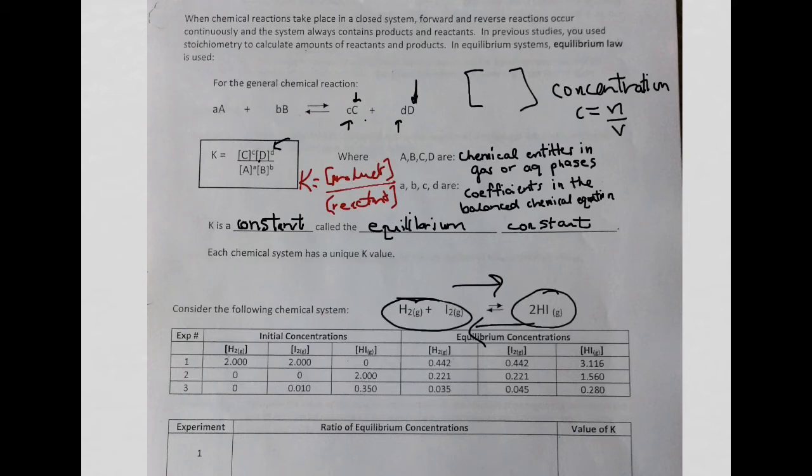If you have a greater amount of reactant compared to product, your K value is going to be less than 1. Whether the K value is greater than 1 means something. It means it's product favored when equilibrium is established. At the natural equilibrium between the reactants and products, there's more product than reactant. If K is less than 1, then at equilibrium you have more reactant compared to product. And if K is pretty close to 1, it means you have relatively the same proportions of products and reactants.